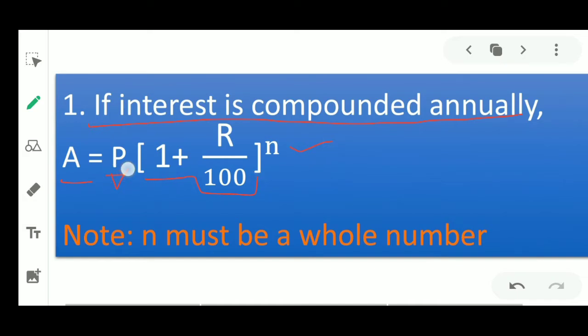Here P is principal, R is the interest rate, and n is the time. And here n should be a whole number like 2, 3, 4, etc.